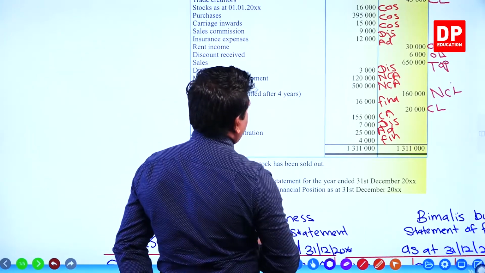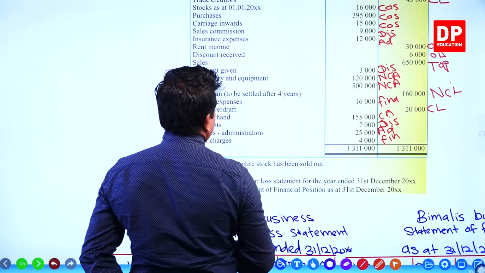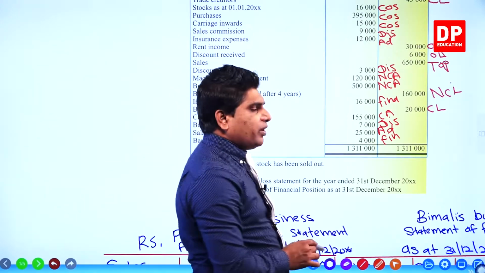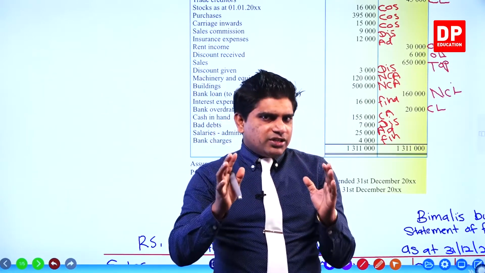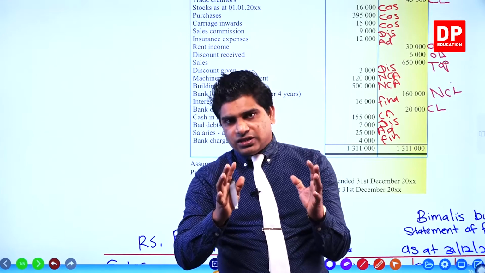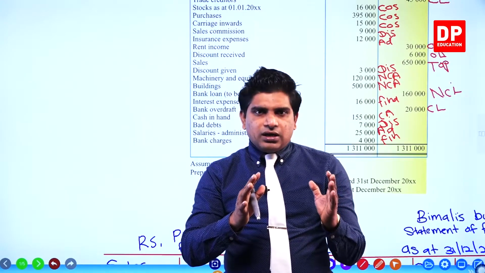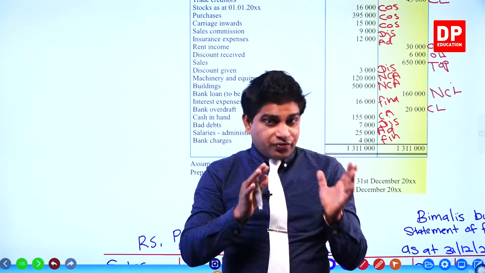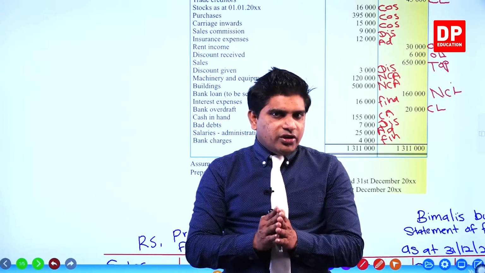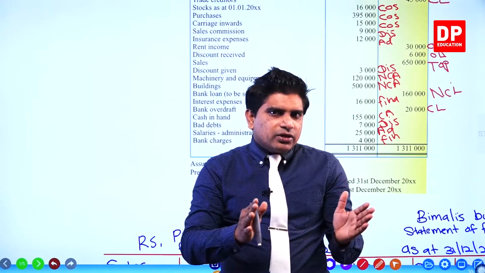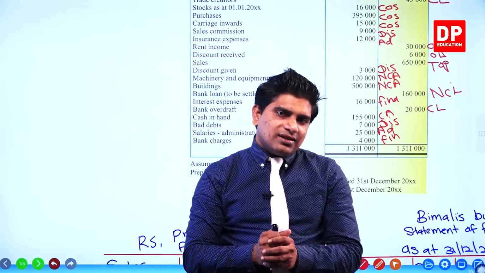Machinery and equipment 120,000, building 500,000. Remember, when we record the details in the statement of financial position, we have to use liquidity. In the last lesson, we discussed liquidity. Liquidity means how long you take to convert a certain asset into cash with minimum losses, right?